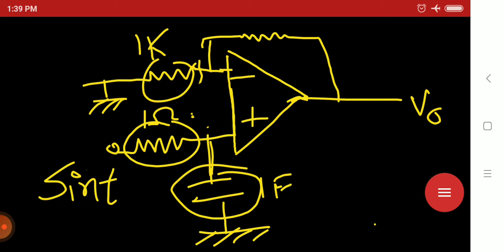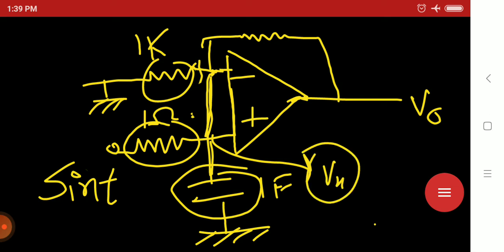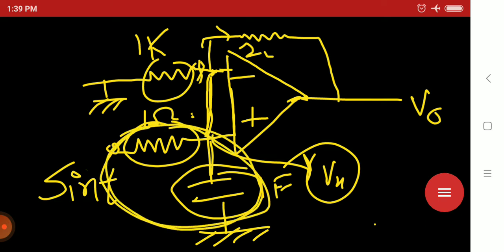Step by step means, between these two points, let us consider the potential of this point as Vx, and let us consider that I1 current is going here and I2 current here. Now, first our task is within this circuit: you can see RC is there, here resistance, here capacitance.